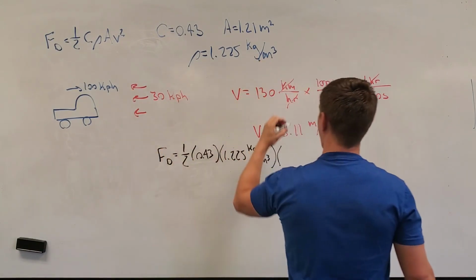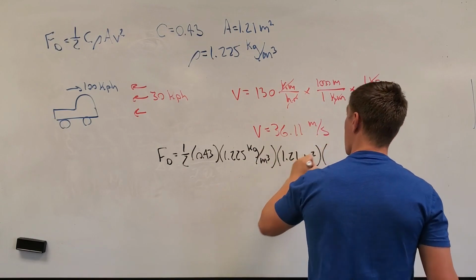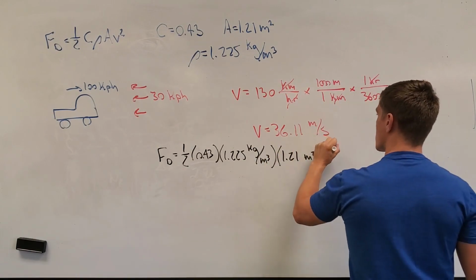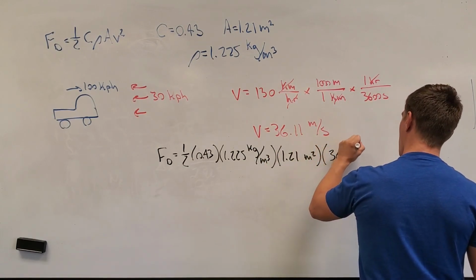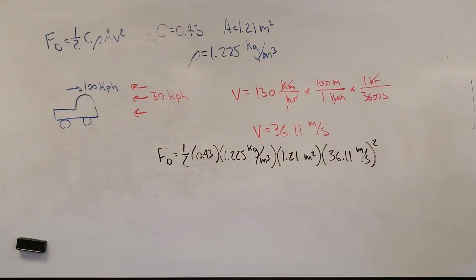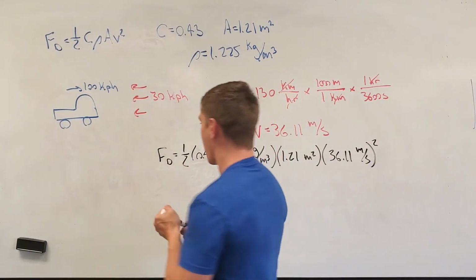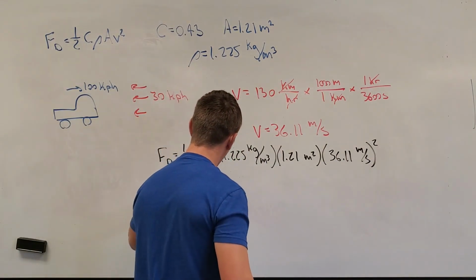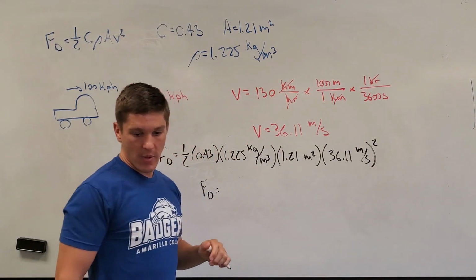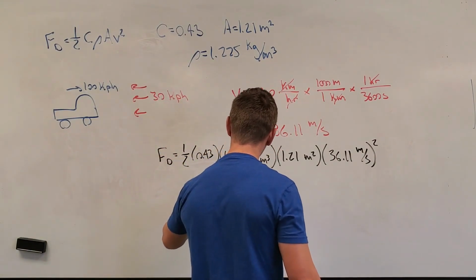My frontal area is 1.21 meters squared, and my velocity was 36.11 meters per second, and I square that entire term. So I have everything in standard units. These are just numbers. I plug them into my calculator, and I get that my force of drag is 416 newtons.